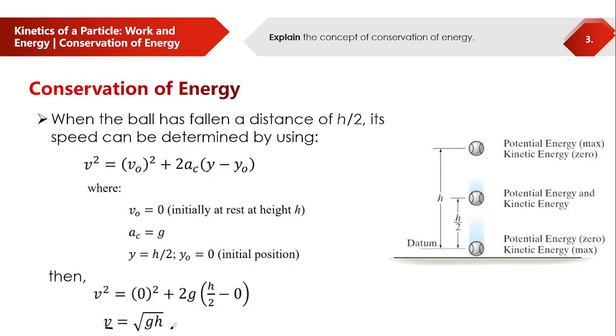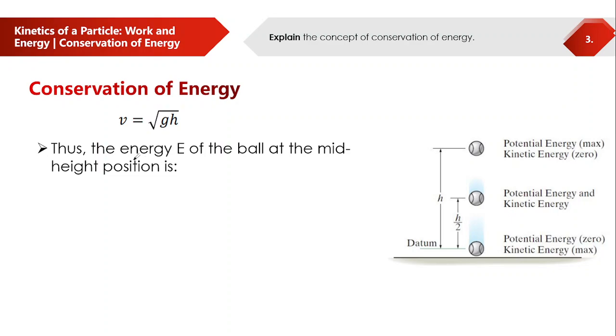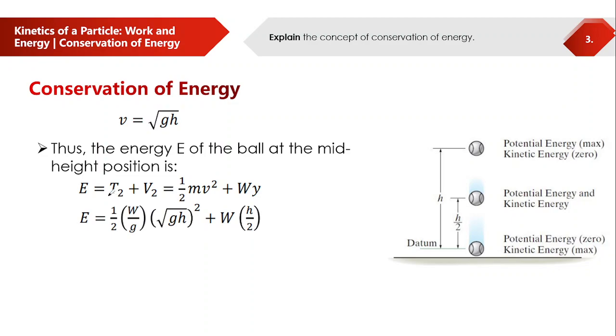Ito yung velocity mo, half fallen na. Okay? Half na sa distance na pag-drop mo. Okay? Ito yung velocity mo. Therefore, getting the kinetic energy, or thus the energy E of the ball at the mid-height position is this one. Okay? So 1/2 mv squared for the kinetic plus the potential.